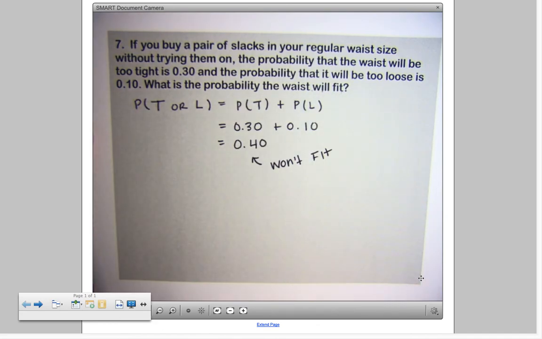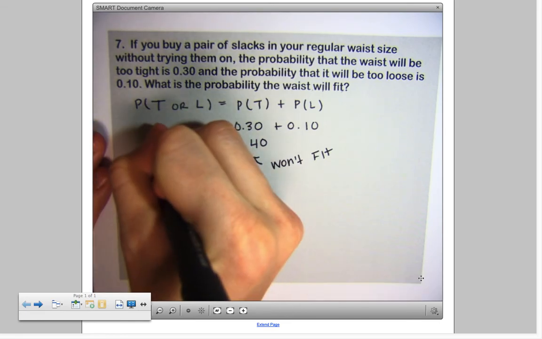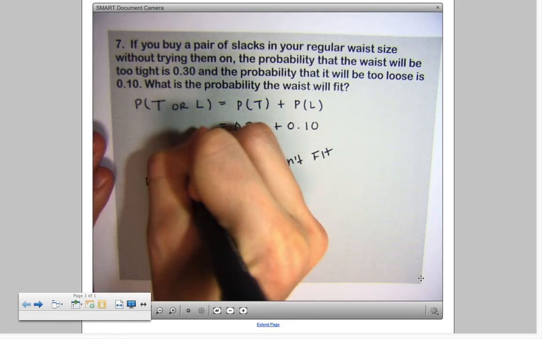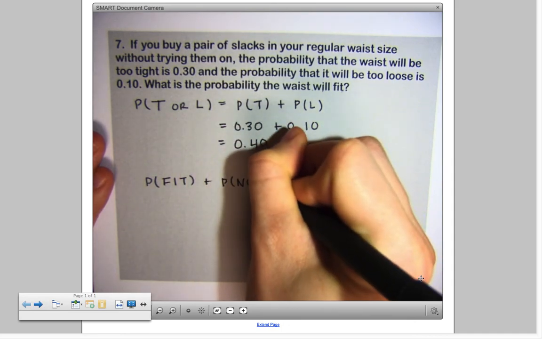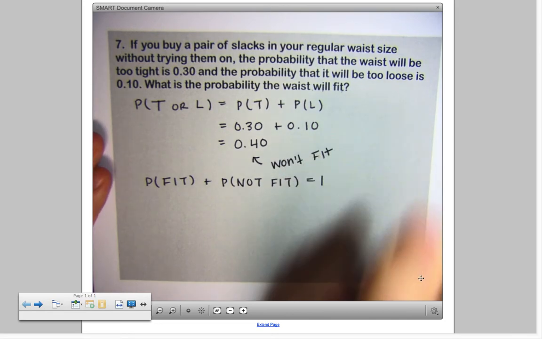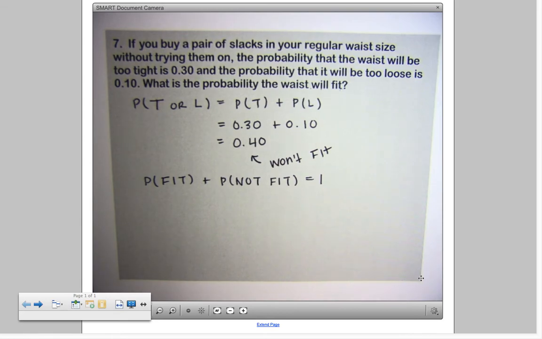If you go back to the 4 properties that I had you write down at the beginning, we know the probability that it will fit plus the probability that it will not fit is equal to 1. Because remember, there's only 2 outcomes or 2 scenarios here. One or the other is going to happen, so we have 100% of both of them happening.